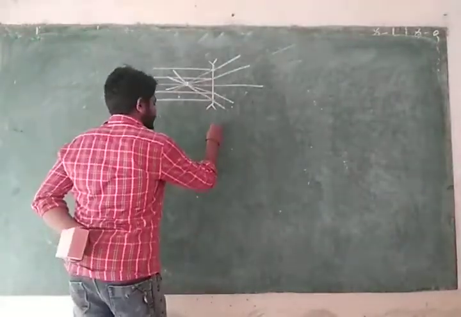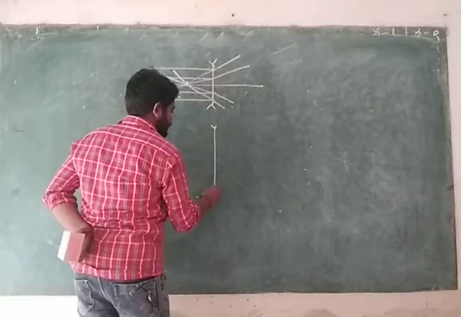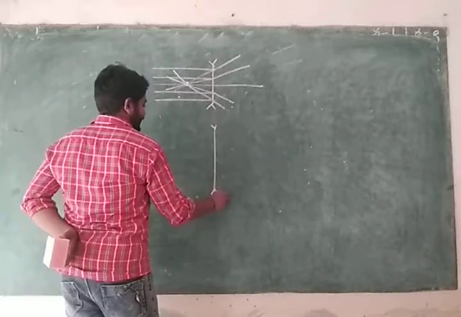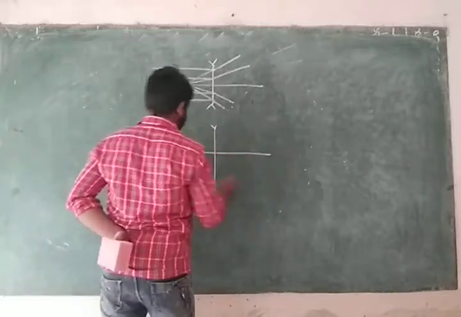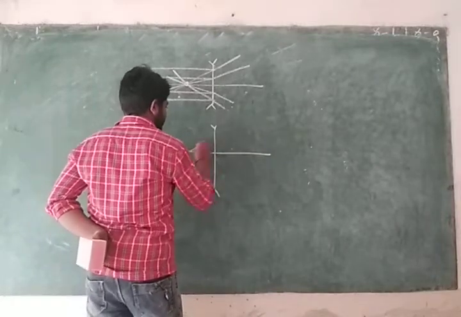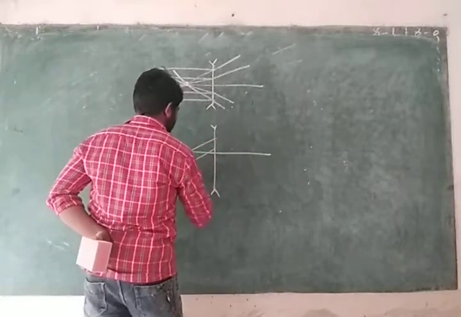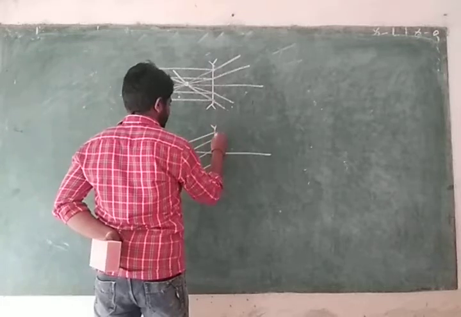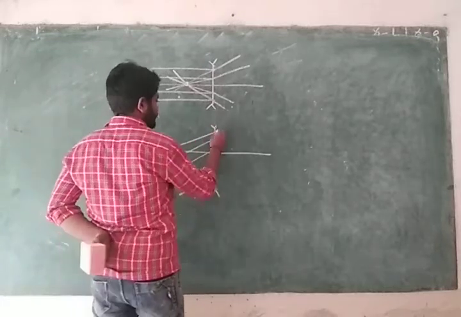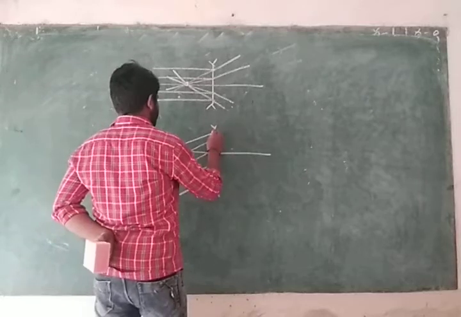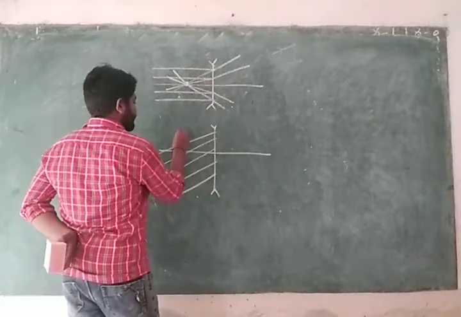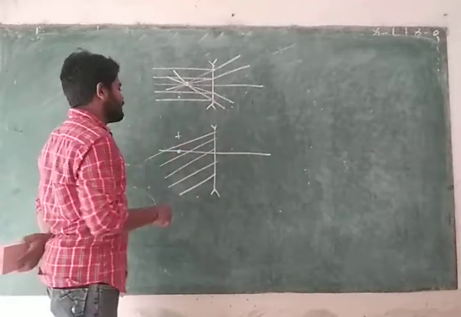See, let us take a biconcave lens and principal axis. See, parallel beam of light, right? Think this is the focal point.